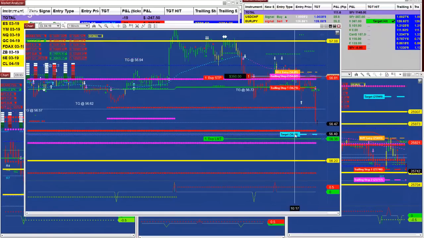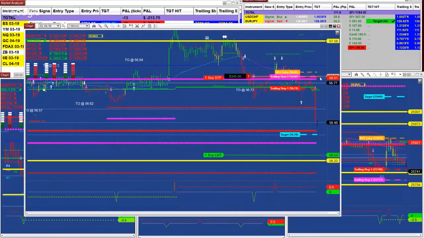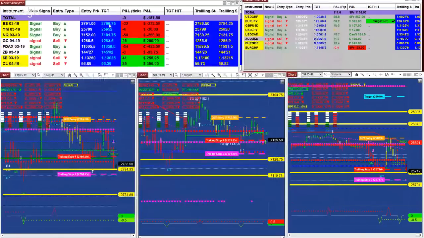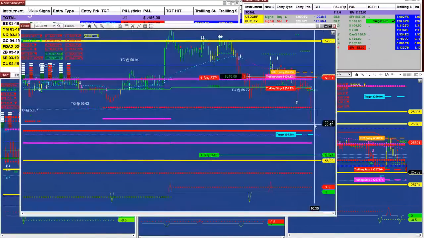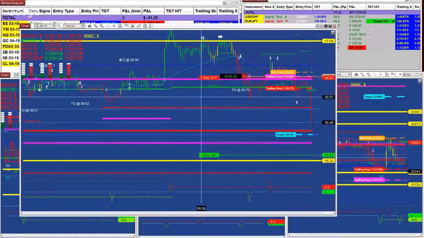The chart always recalculates and gives you a new target when the trend is working, but the market analyzer stays on one entry from the beginning of the entry. On the chart, we have modified it so that it can recalculate for you constantly and give you a new target. As an example, right now, because this market is trending, we got a new target at 56.39.